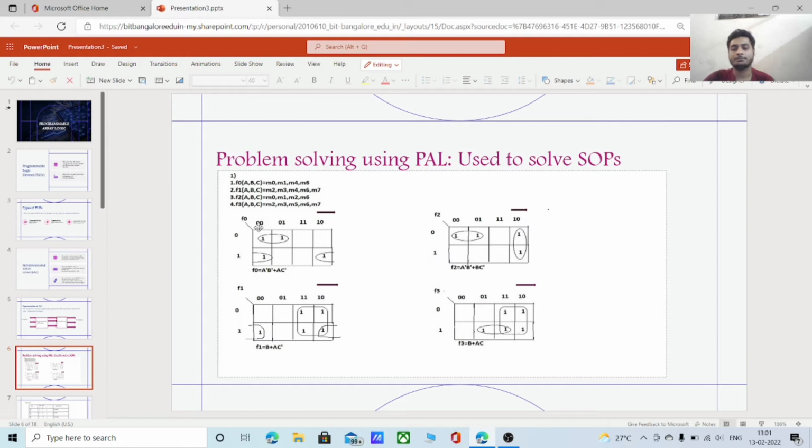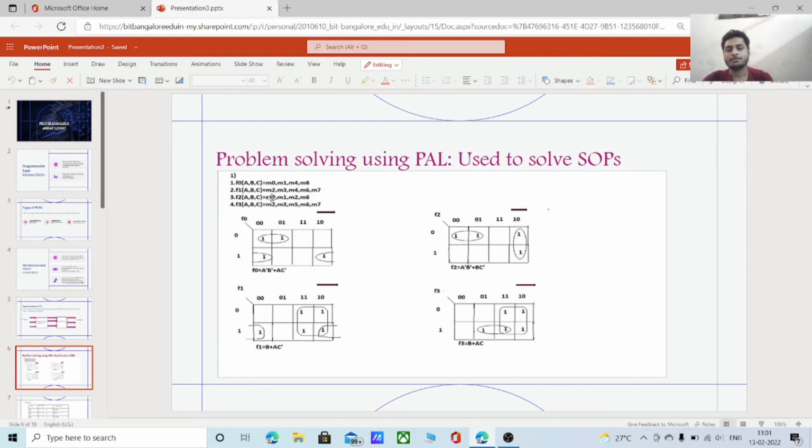Let's consider f0. In this, m0, m1, m4 and m6, we put 1 in these cell values and we'll group them as pairs. The function comes out as f0 is equal to A complement B complement plus A into C complement. Let's consider f1.